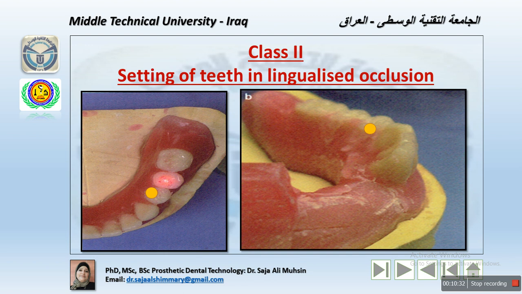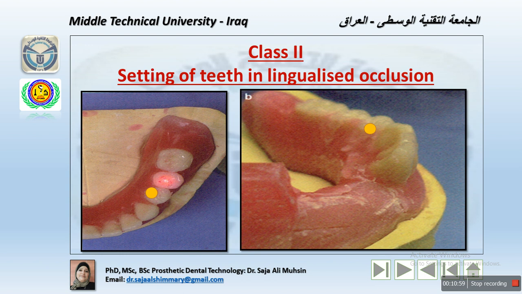Now, what do we have with the lingualized occlusion in terms of class 2 as well? In terms of a class 2 malocclusion relationship between the maxillary and mandibular arch, where there is severe resorption in the bone, we need to set the teeth in lingualized occlusion.